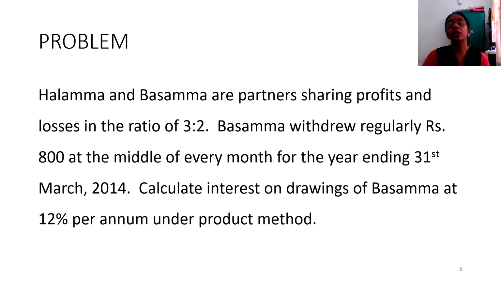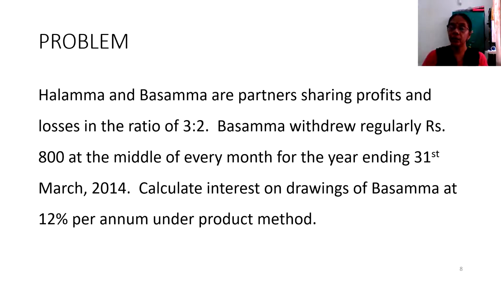So in general, we are expected to take 30 days randomly as the number of days in every month. So naturally, half of the month would be a period of 15 days. So we will take the date of the withdrawal as 15th of every month.